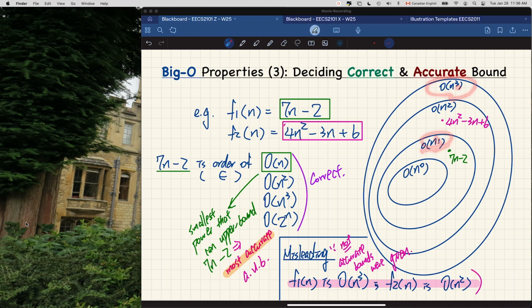So it would be correct if you say 7n minus 2 is a member of this, and this. So all these 4 are correct, but you are supposed to choose the most accurate one and present it. And we talked about if you didn't choose the most accurate one, but just a correct one, you might have some misleading consequence, right? That's something you can go into detail from the last lecture. I'm not going to repeat it here.